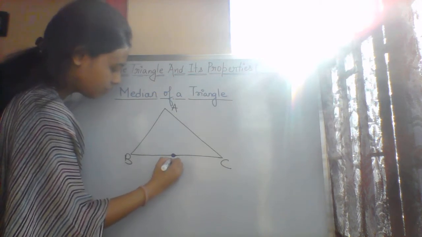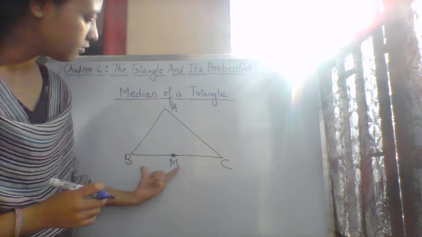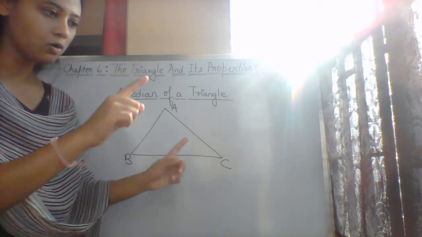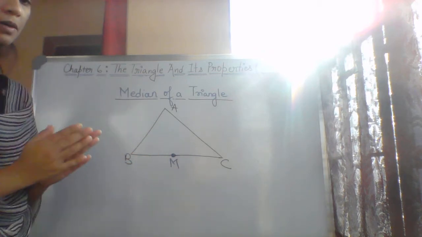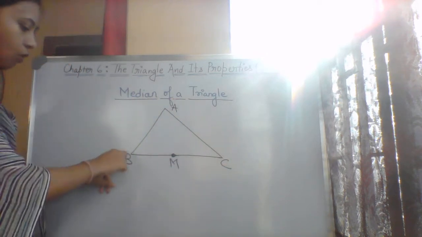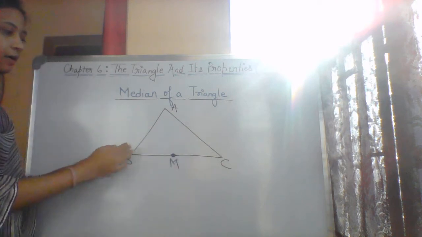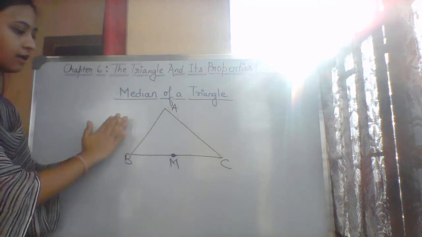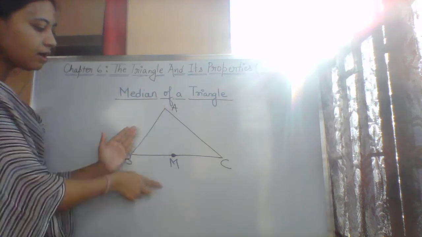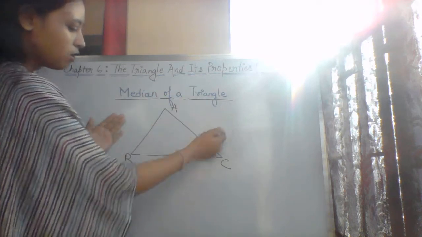I am naming it M here. So that will serve as the midpoint. You can do this with paper folding: cut out a triangle from a paper and take point C onto B, so that C coincides with B. When you fold, press that part to make a line, and after pressing, you just open it.